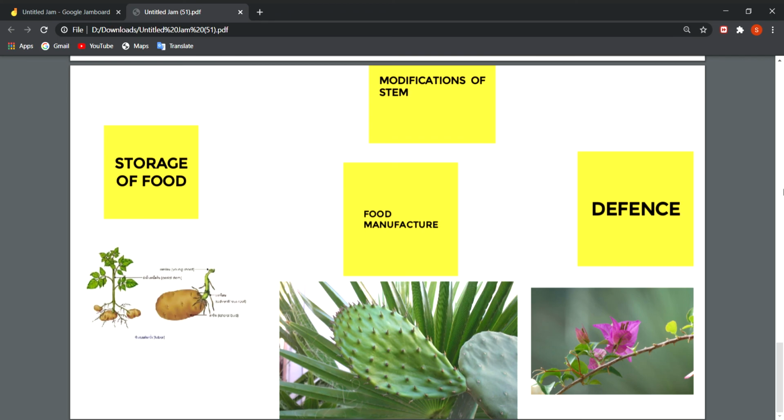For self-defense, the plant develops sharp pointed structures called spines or thorns. You must have seen them in the lemon plant also. You can see them in bougainvillea and many other plants, so that the plant is not harmed by animals or any human being. This is all about the stem of the plant.